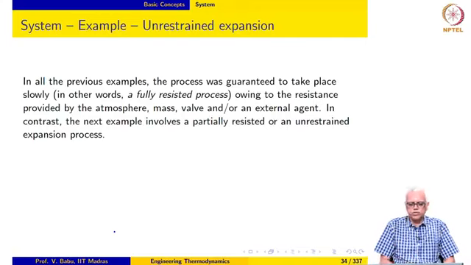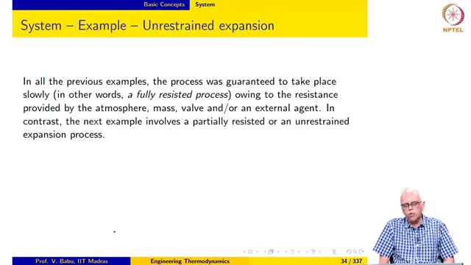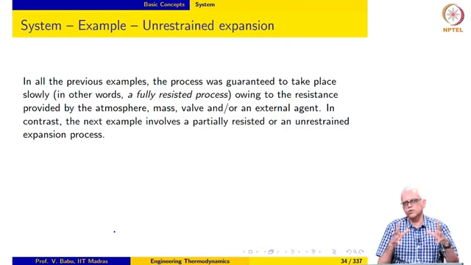Notice that even if the process is partially resisted, the boundaries of the system at intermediate time instances will not be known, and the properties of the system at intermediate time instances will also not be known unambiguously. So, whether it is partially resisted or unresisted is actually immaterial as far as our framework is concerned. Any process that takes place must be a fully resisted process.